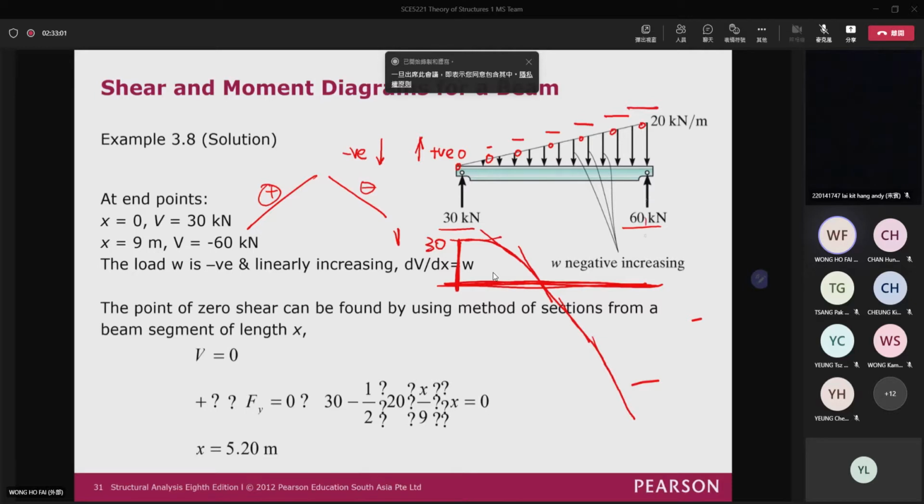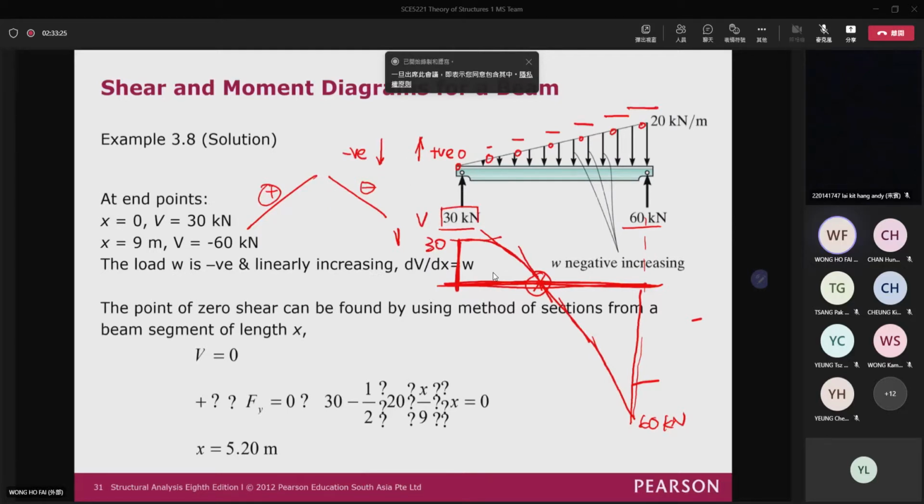And then finally, at this location, there will be a force going up here, and it is equal to 60 kN at this location. And for this location, you can see that the shear dropped to 0 because the distributed load can compensate the applied shear at the end, okay?